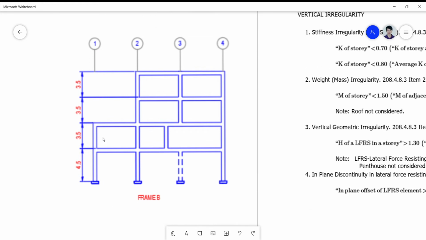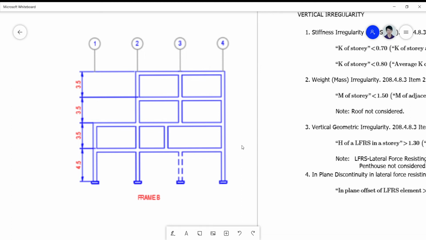So this is typically a building frame which is shown in a vertical setup. Okay, and notice there's some discontinuities. Obviously, if you look at it in the visual aspect of it, the discontinuity is actually focused on this part here, okay?